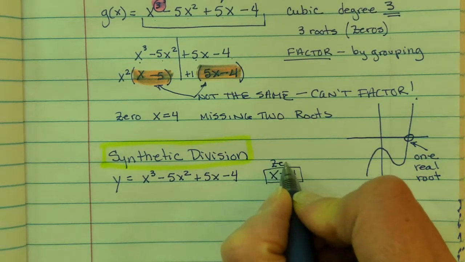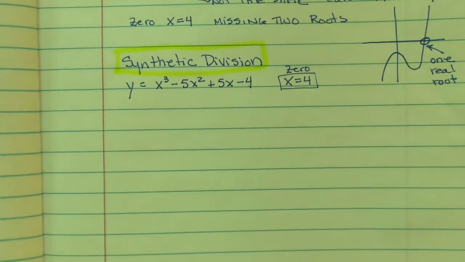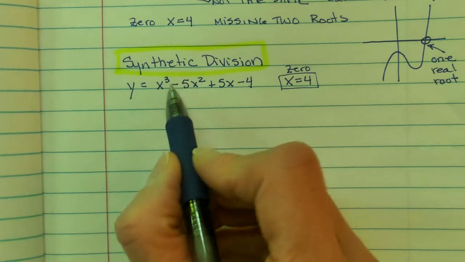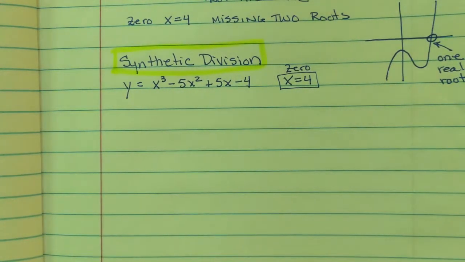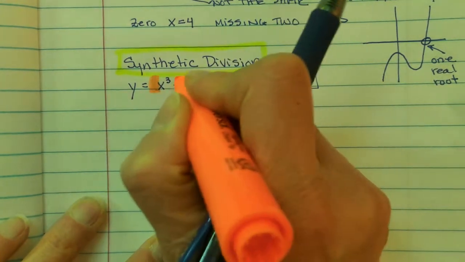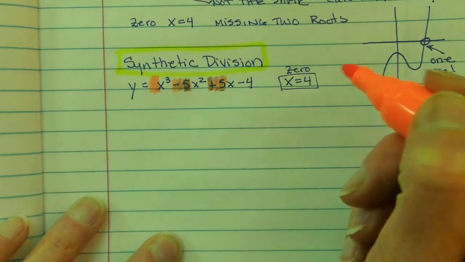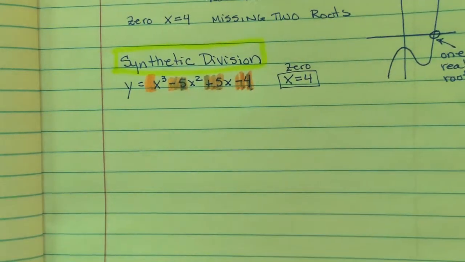Okay? So there's a couple things that I have to do. Synthetic is kind of like artificial. Don't panic over division. This actually is not a complicated thing to do. So the first thing I'm going to do is look at just my coefficients. So what are my coefficients? Coefficients are the numbers that are in front of the variable along with the constant. Okay?